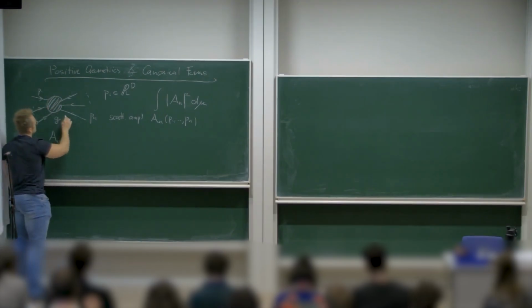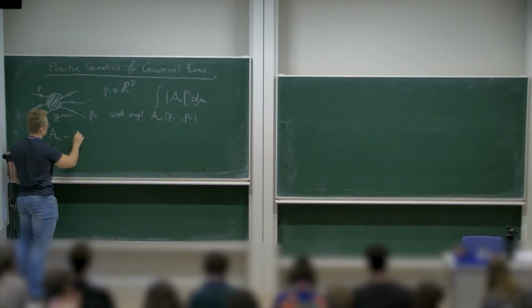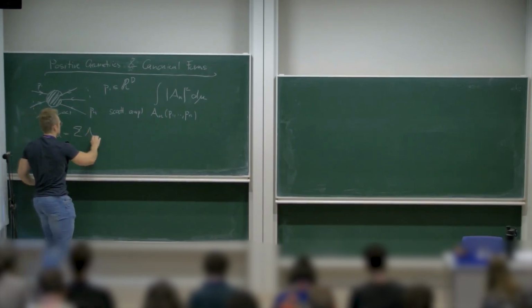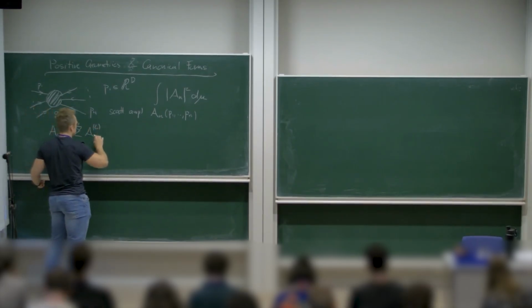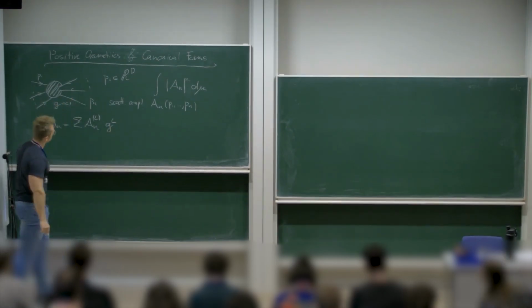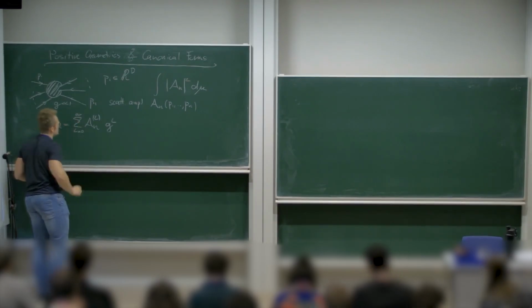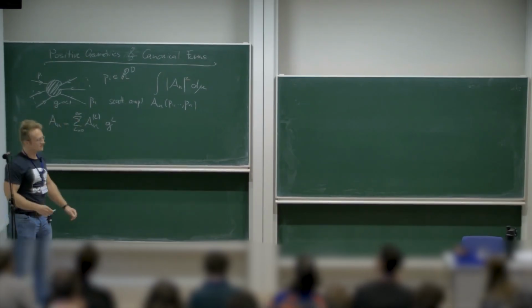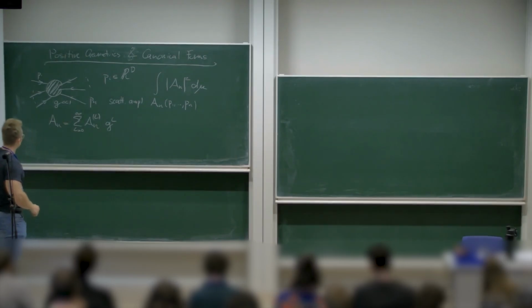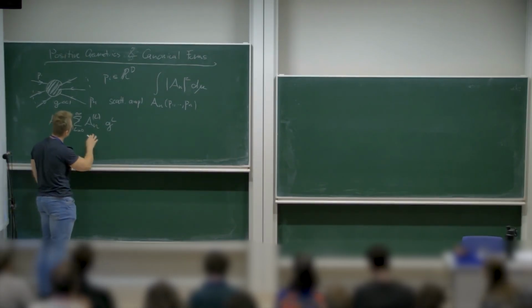And if we take g small enough, we expand this amplitude as a Taylor series in g, from L equals 0 to infinity. This is very formal, because often in physics this doesn't even really make sense. This often has 0 radius of convergence.